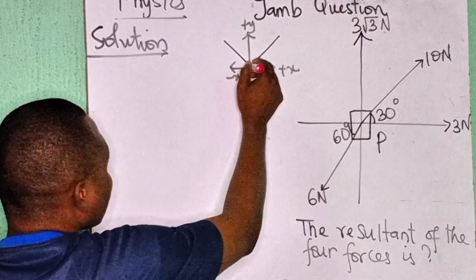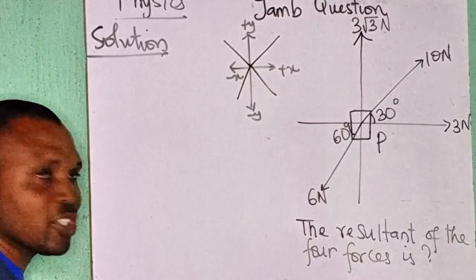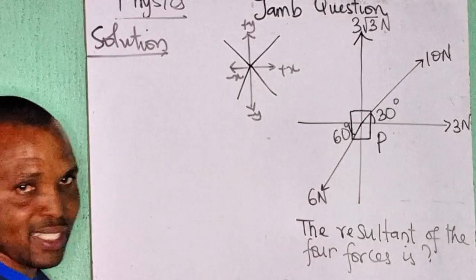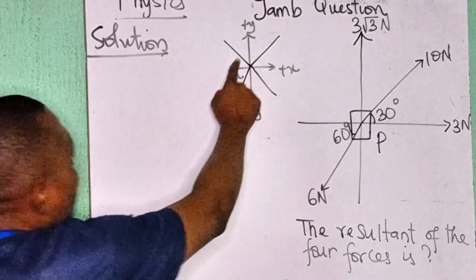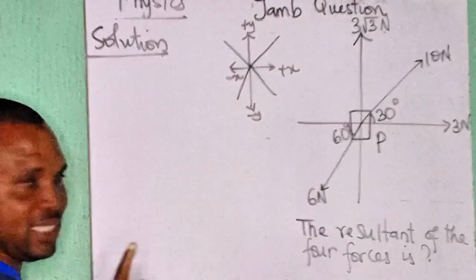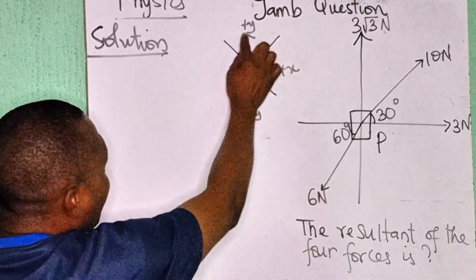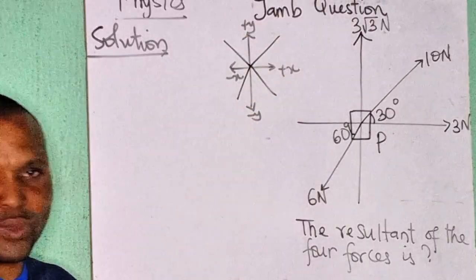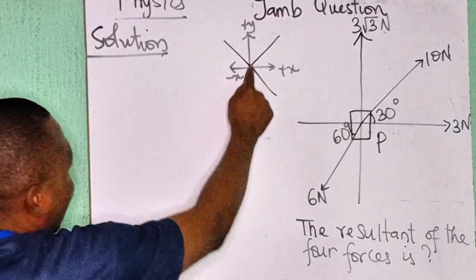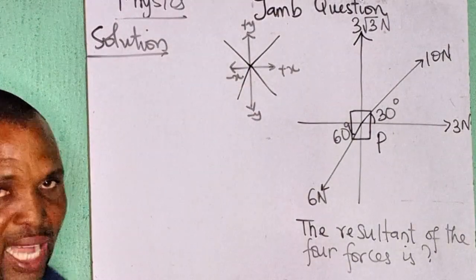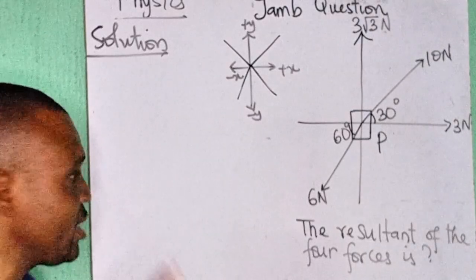Forces pointing to the left are resolved along the negative x-axis. Resolving vertically, forces pointing up are resolved along the positive y-axis, and forces pointing down along the negative y-axis. Please don't forget, very very important.